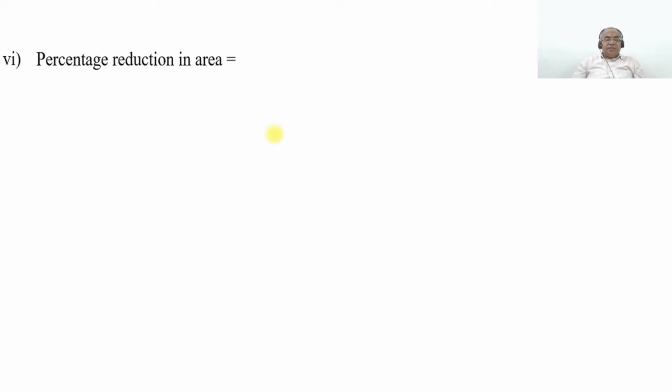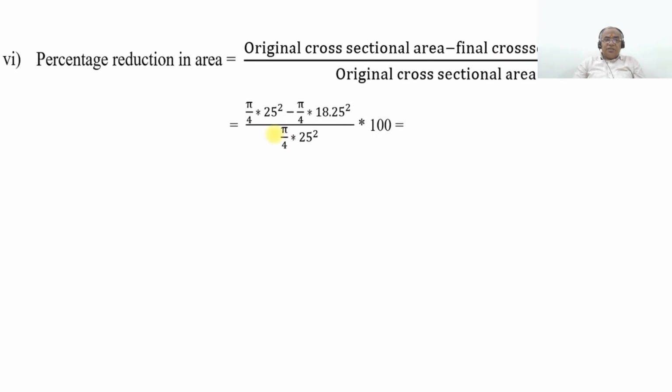Now we are going to consider the percentage reduction in area. So it is the original cross-sectional area minus the final cross-sectional area, divided by the original cross-sectional area, into 100.